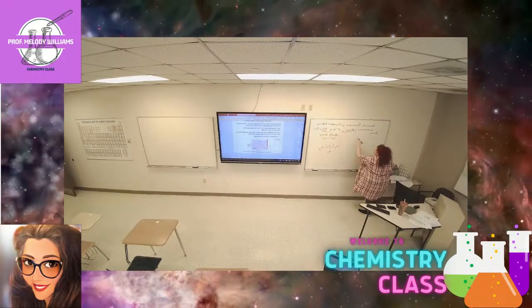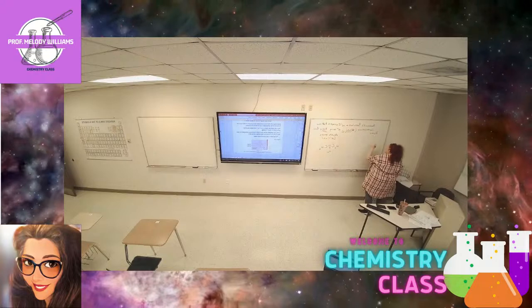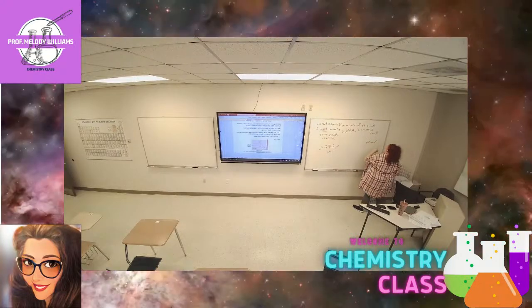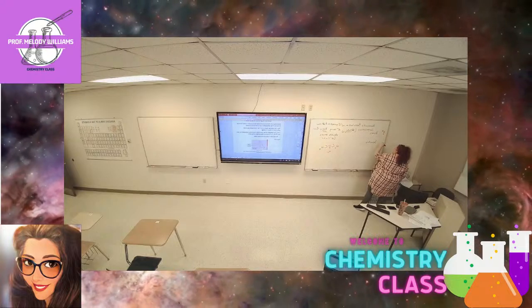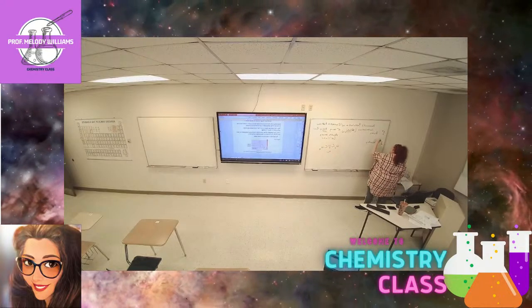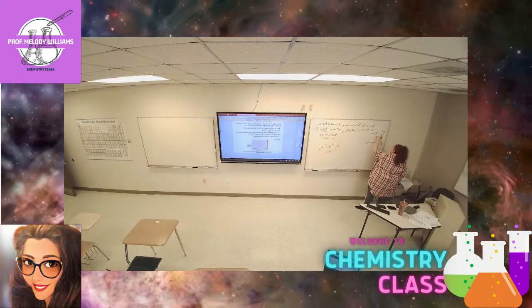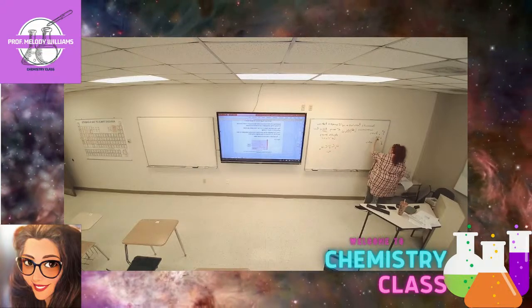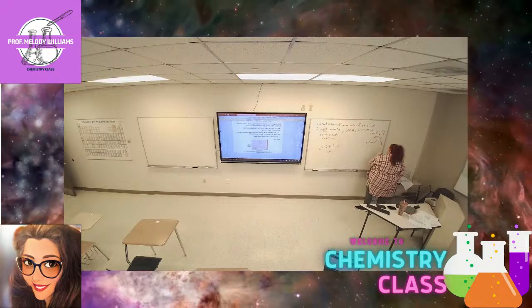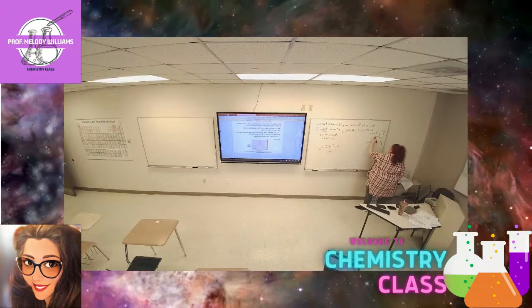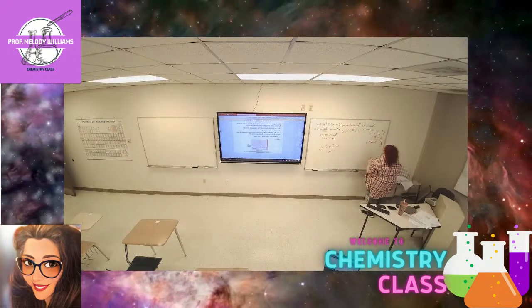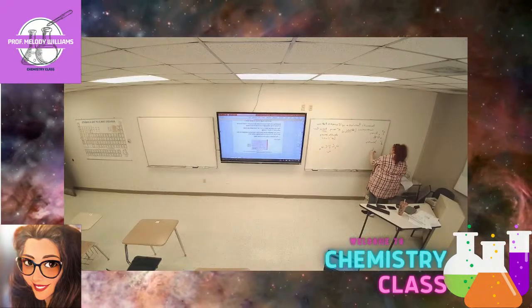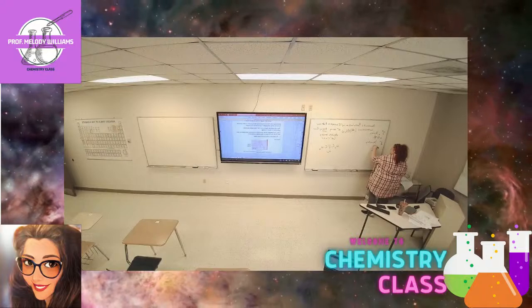So carbocations, positive charged carbon in a molecule, we have primary and secondary. Primary looks like this, secondary looks like this. Let's put an R group here and an R group there.